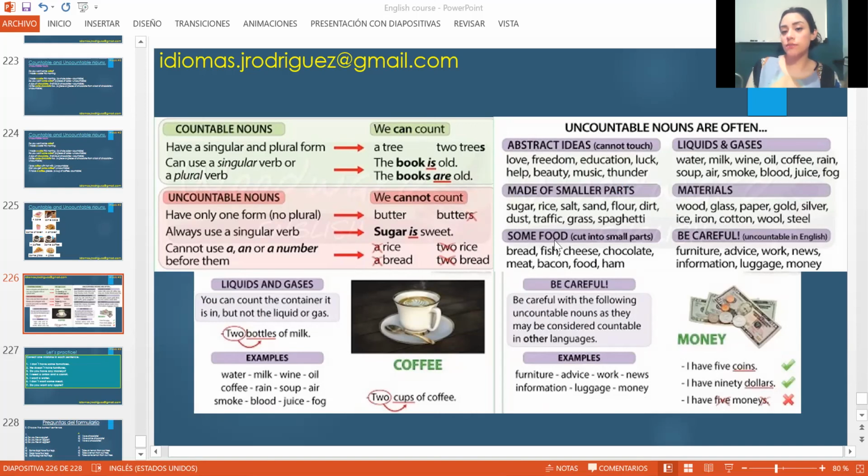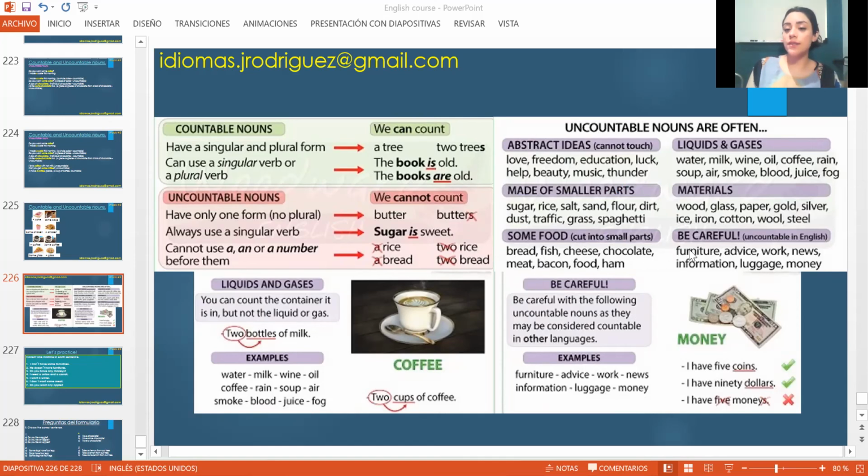Some food cut into small parts. Bread, fish is uncountable. Cheese, queso, it is uncountable. Not cheeses. Cheeses, it doesn't exist.